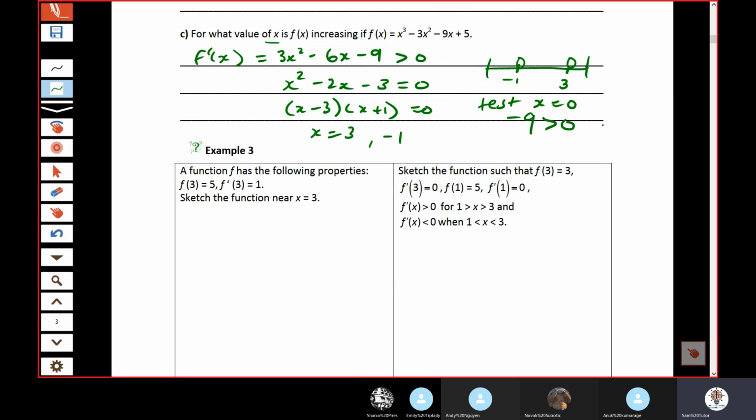Is negative 9 bigger than 0? I would say no. Now I know the answer. X is less than negative 1. As long as x is smaller than negative 1 or x is bigger than 3, I will always have this function to be increasing. I mean, between there, it's probably going to be decreasing. That would be my conclusion.